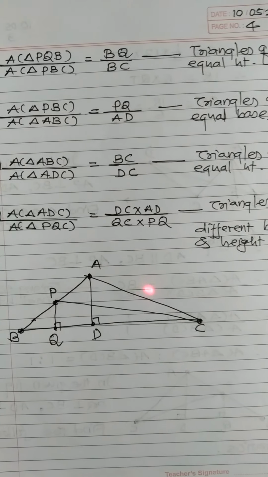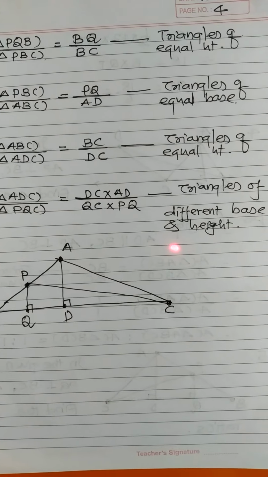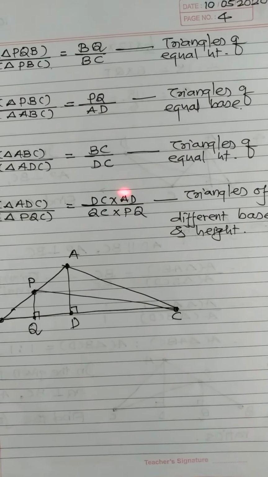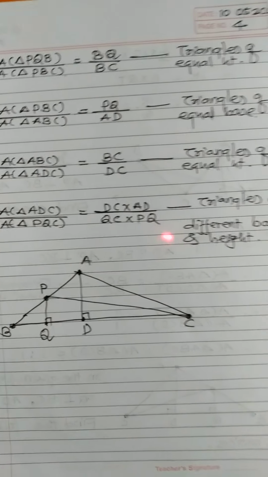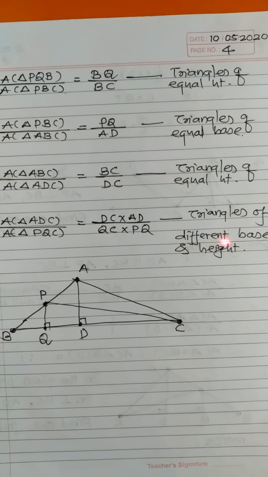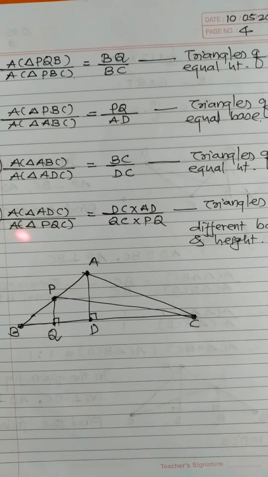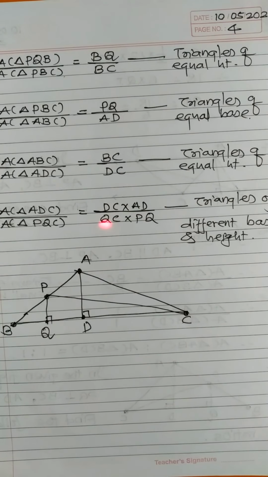So we can use the first property: triangles with different base and height. It is DC into AD upon QC multiplied by PQ. That means the first property: the ratio of areas of two triangles equals the ratio of the product of base and corresponding height.